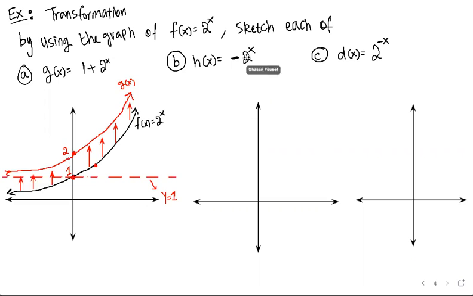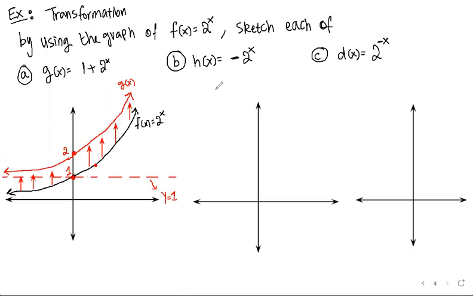Now for the second one, minus 2 to the x. Who will do the second one? H of x. It's a flip across the x-axis.